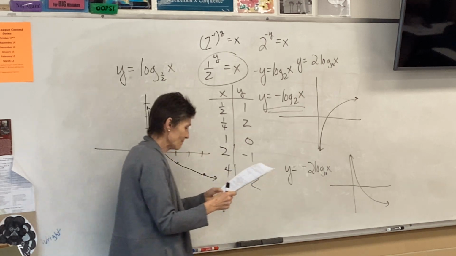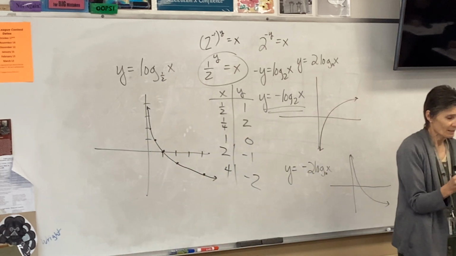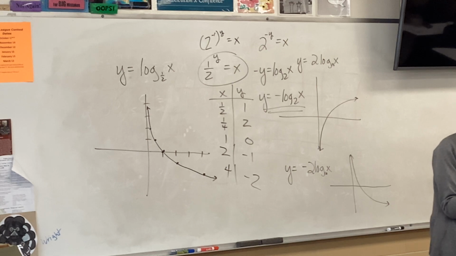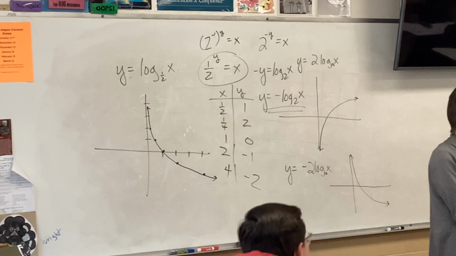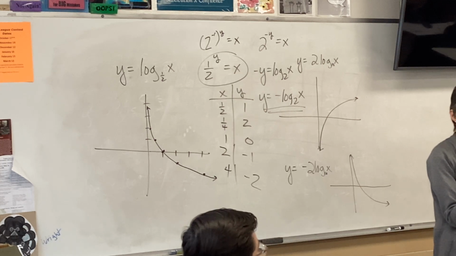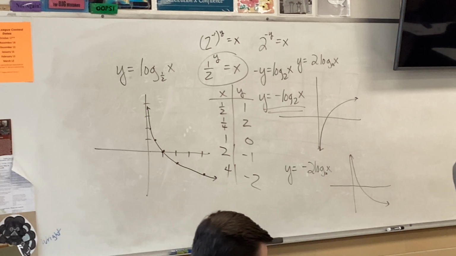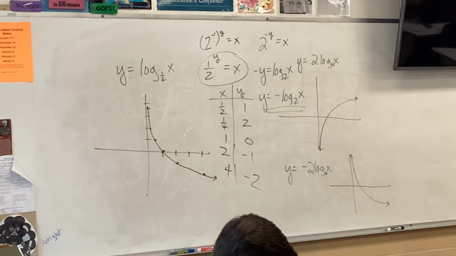All right, quickly, example 1, let's go through this and see what we can get figured out. Notice that for our end behavior with a logarithm, we can't go to negative infinity. We can only go to 0. So as we approach 0 from the right, what happens to our curve?